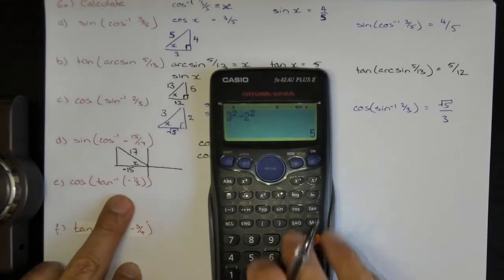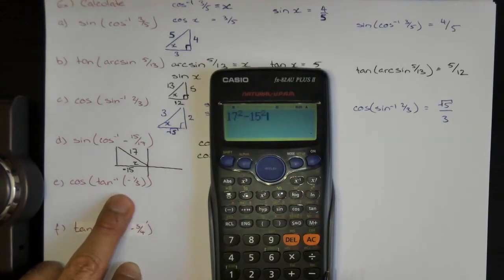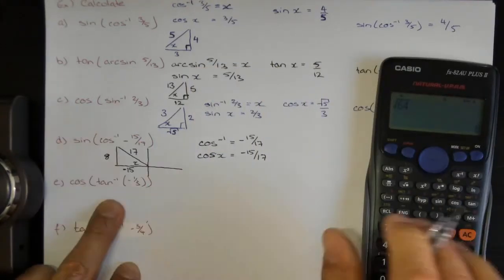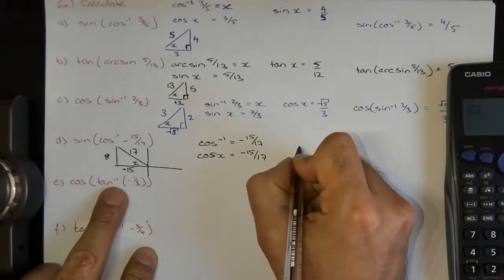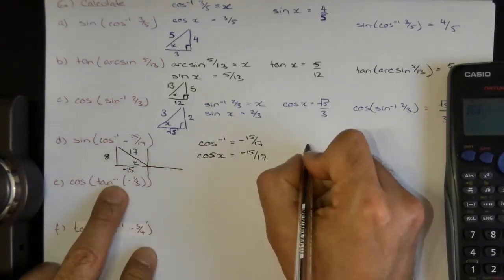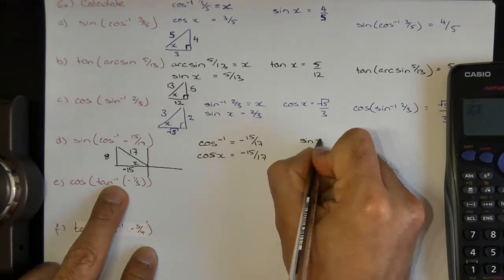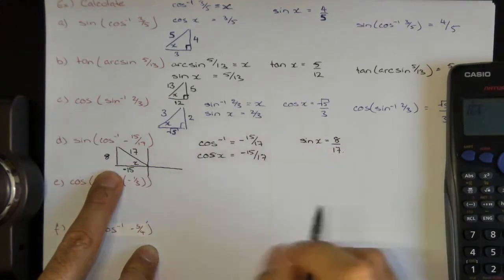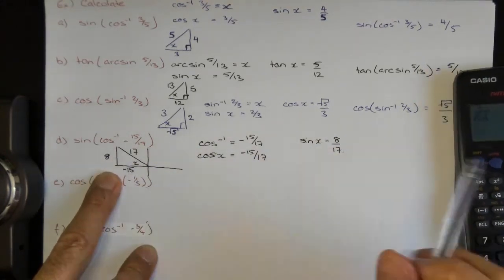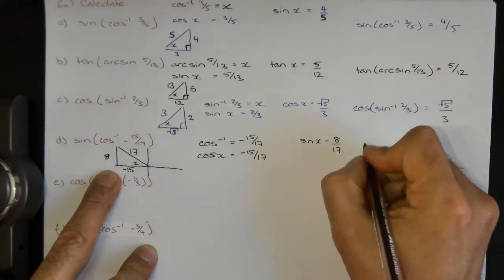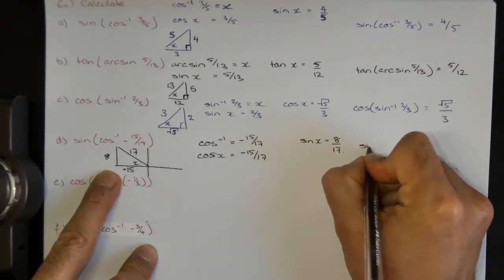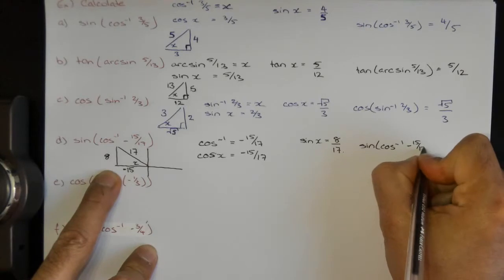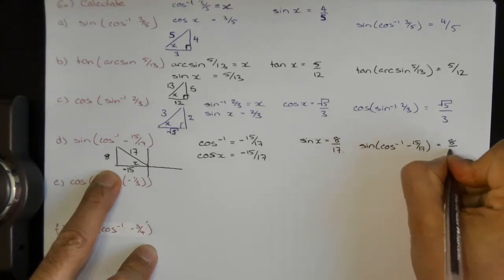Using Pythagoras, 17 squared minus 15 squared is 64, so that's 8. Now I want to find sine x, which is 8 over 17, and sine is positive in this quadrant, so that's our solution. Sine of inverse cos of negative 15 over 17 is 8 over 17.